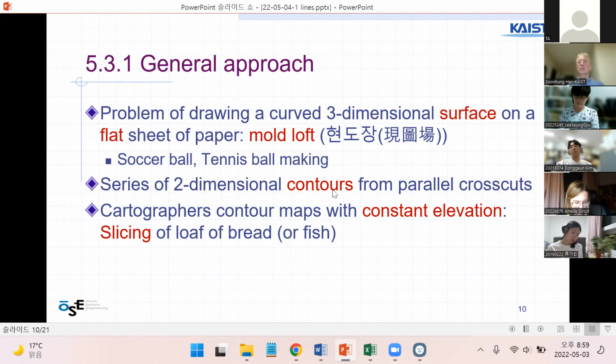So a series of two-dimensional contours are used to show parallel crosscuts of a ship, and also a car body, and also airplanes too. So cartographers use maps with contour curves of constant elevations.